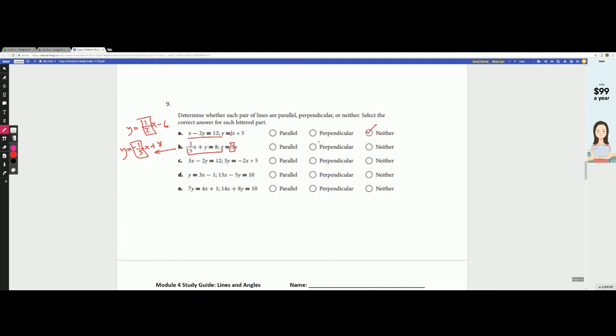Therefore, it has to be perpendicular. Okay, so again, same slope, parallel. The opposite reciprocal, perpendicular. If neither of those happen, it's neither.